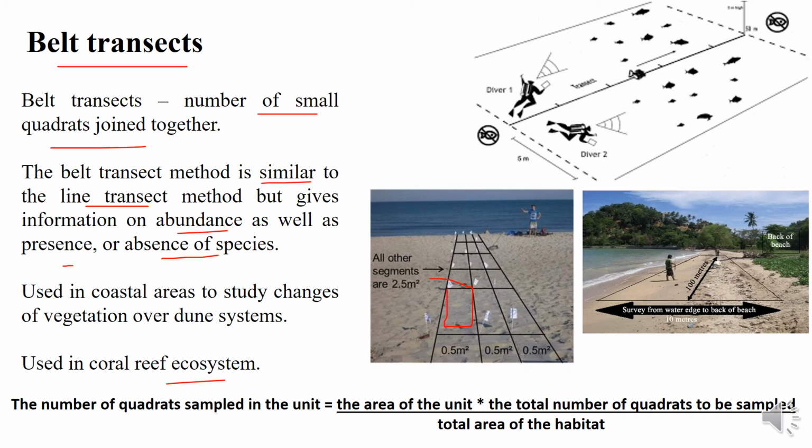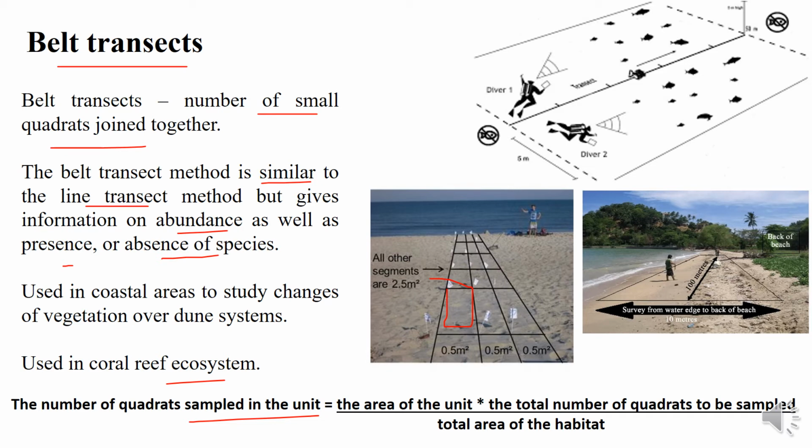So from the belt transect, what is the number of quadrats? Basically the number of quadrats already sampled in the area. What is the number of quadrats you are sampling? Say 1, 2, 3, 4, 5, 6, 7: there are 15 quadrats already, and you sampled 7.